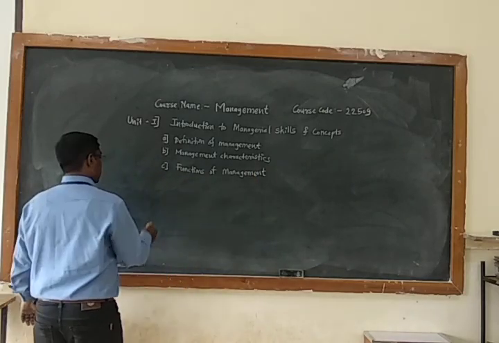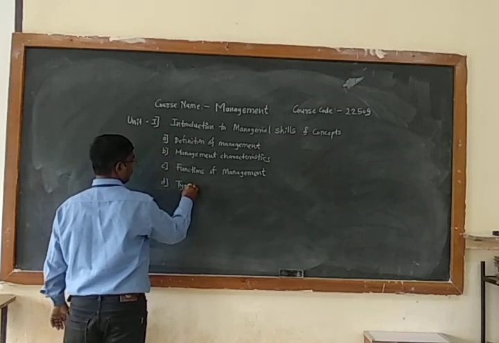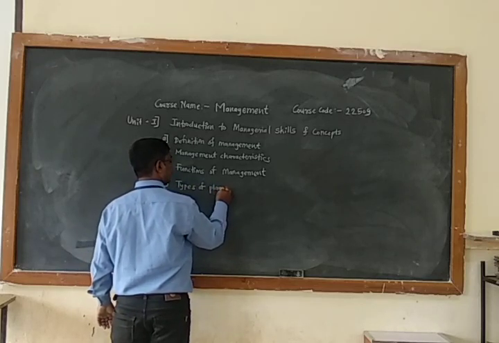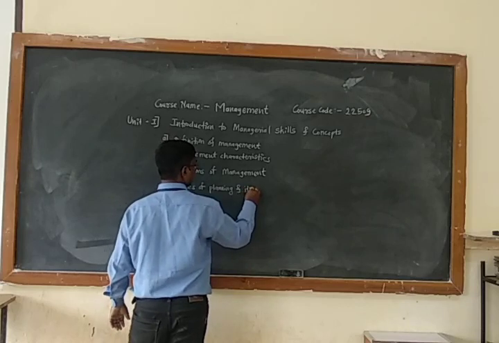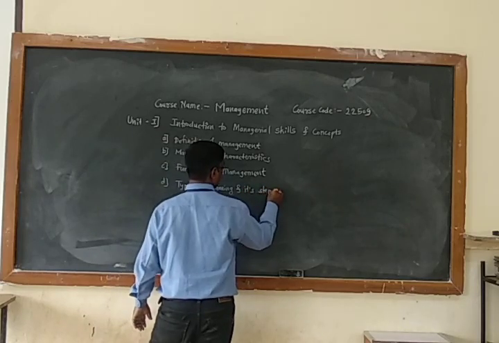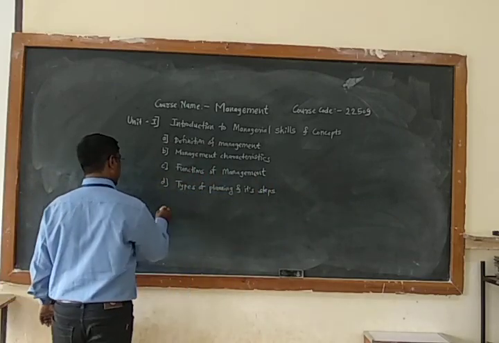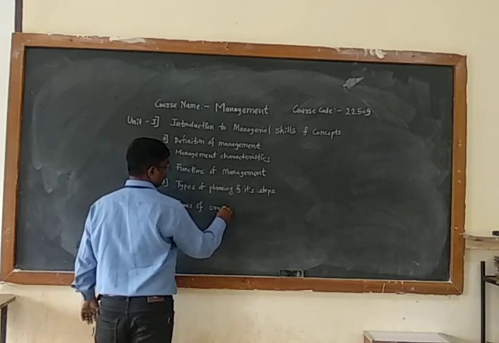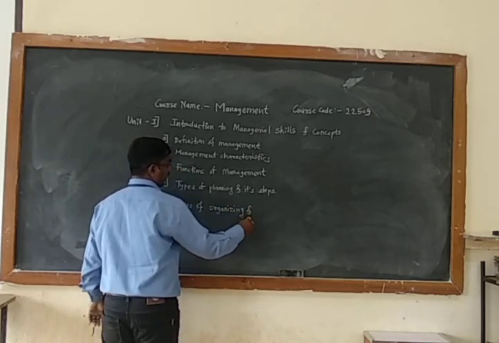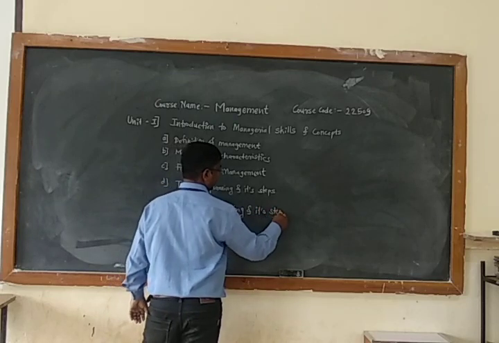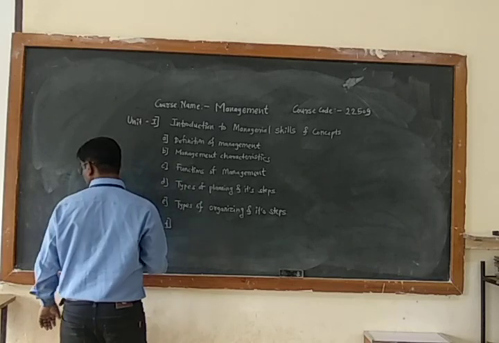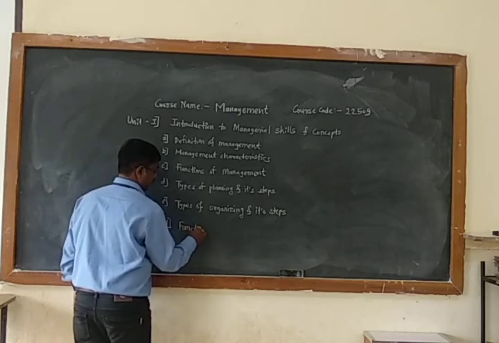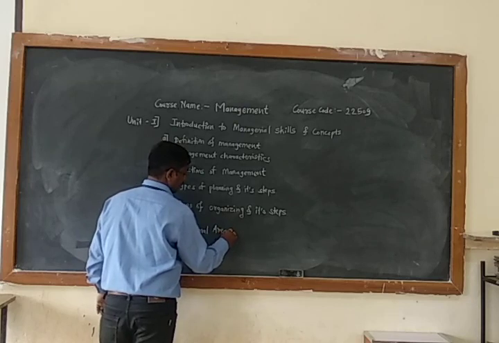Then the types of planning and its various steps. Then the types of organizing and its steps. Then we have the last point, that is functional areas of management.